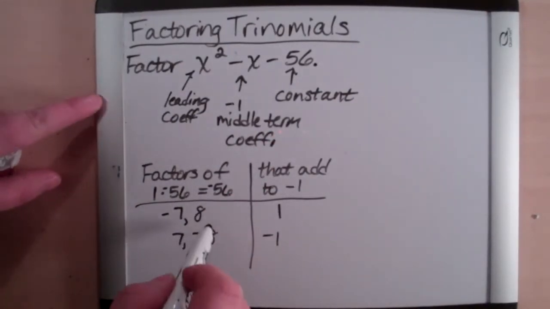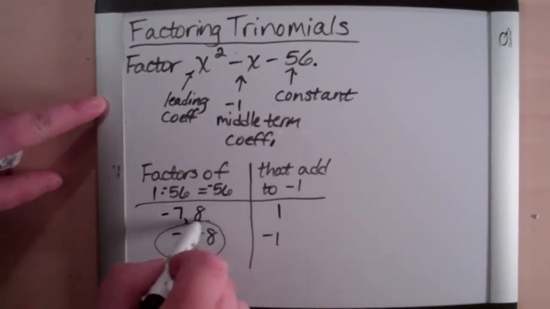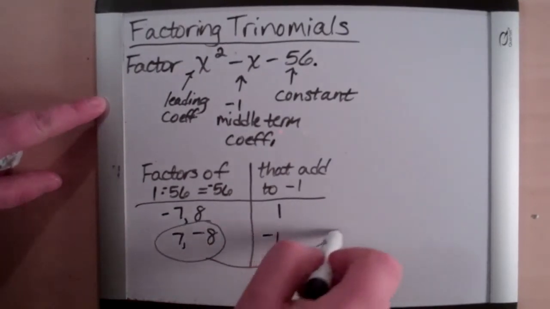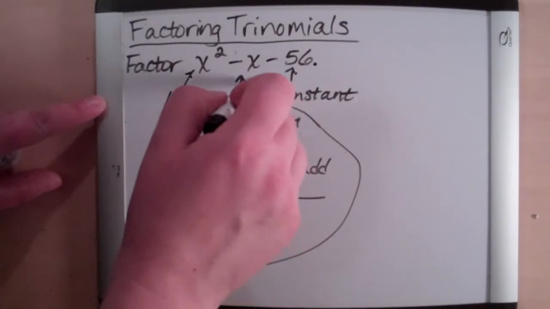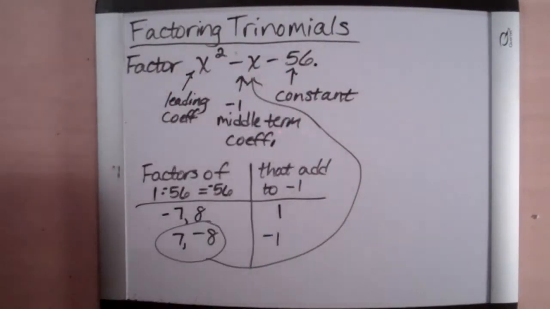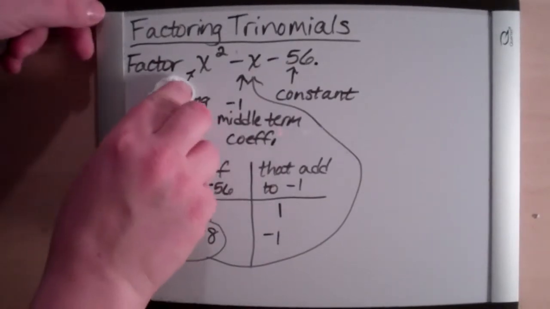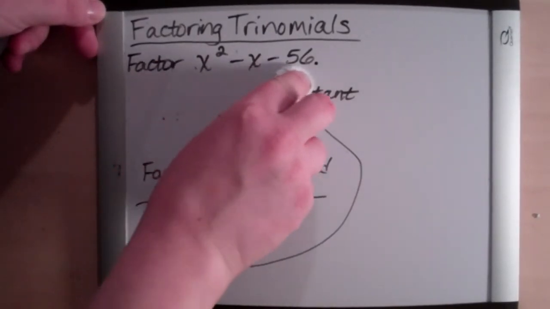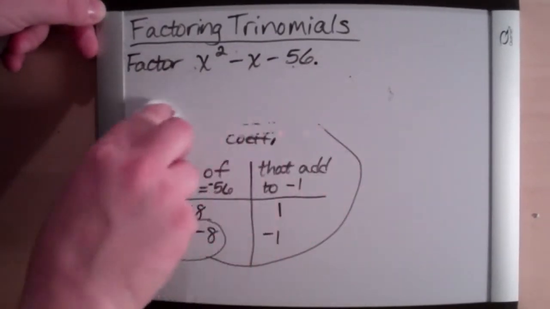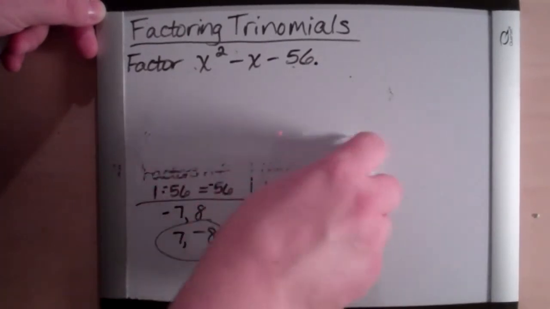What's going to happen is this 7 and negative 8, I'm going to use them back in my original equation up here. And let me get my little eraser and I'll show you what I mean. So I'll erase this stuff.